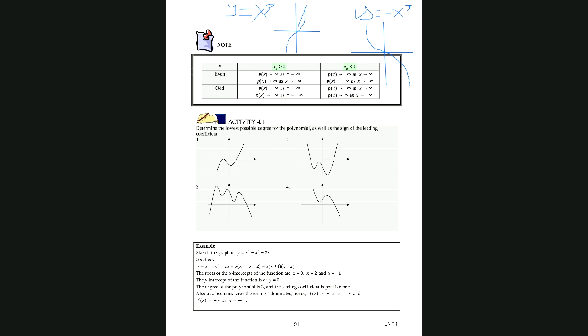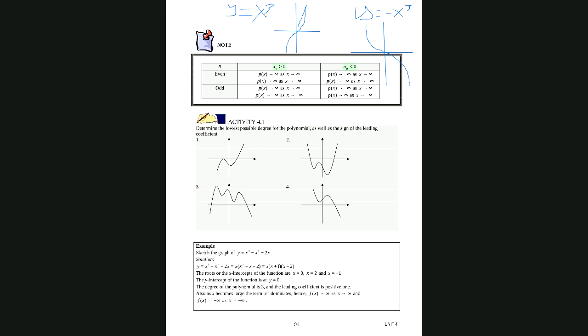You see here, when you have x cube, your graph looks like this. Can you see that? Now you can see that as x is approaching negative infinity, your y is approaching negative infinity when the coefficient of the highest order is positive. Then as your x approaches positive infinity, your y also approaches positive infinity.